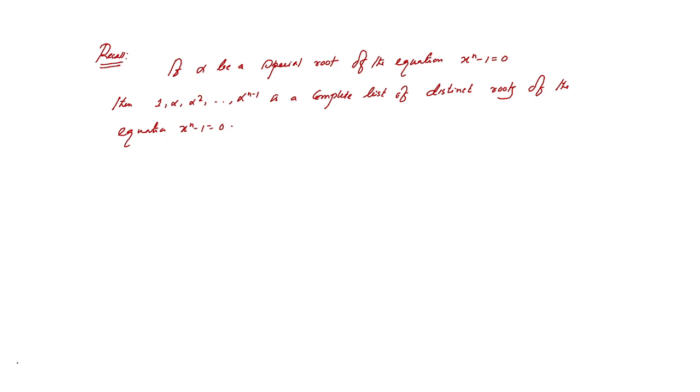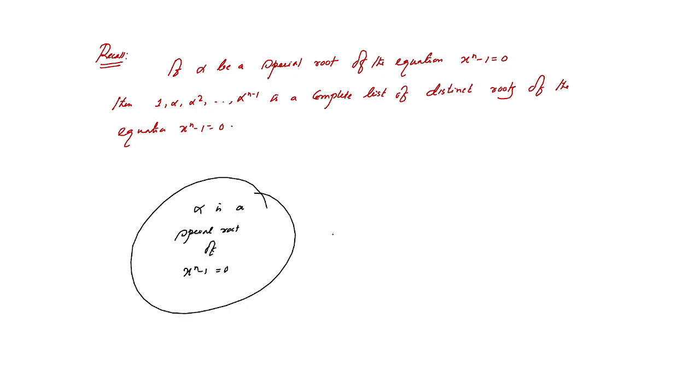So this theorem is helpful. What the theorem says is, you find a special root of x to the power n minus 1 equals 0. From that information, we just take alpha to the power 0, alpha to the power 1, up to alpha to the power n minus 1.